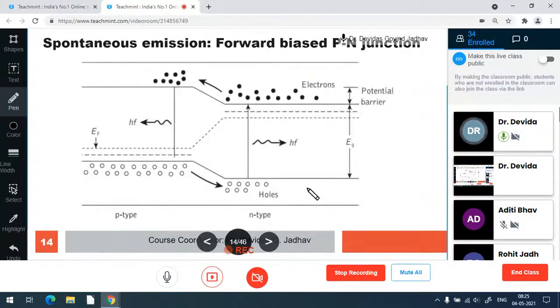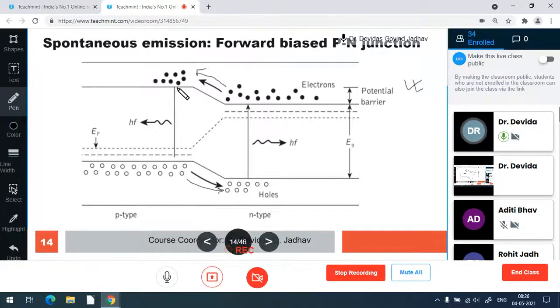This difference is a potential barrier, due to which the charged particles cannot cross the depletion layer. The PN junction can be biased forward as well as reverse. If it is biased in the forward direction, the potential barrier reduces or may vanish, and the external energy source, the bias voltage, provides the energy to the charged particles to cross the depletion layer and go to another region. Electrons from N to P region can transit, and holes from P to N can transit.